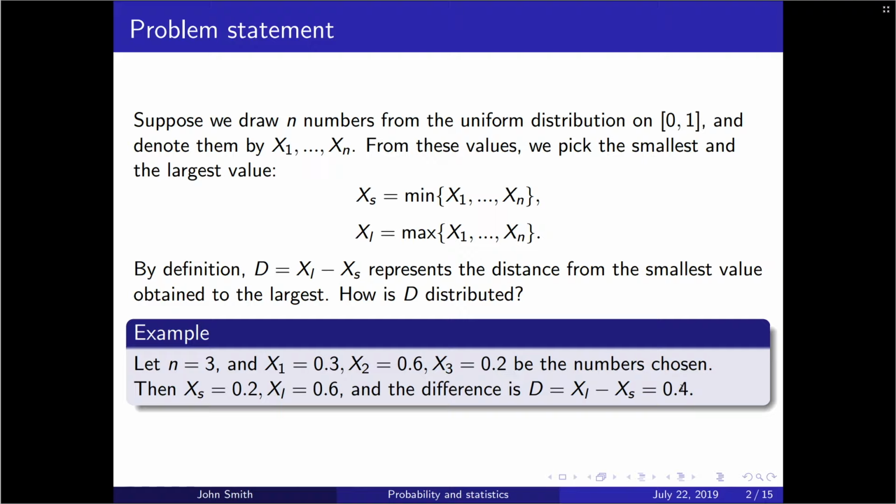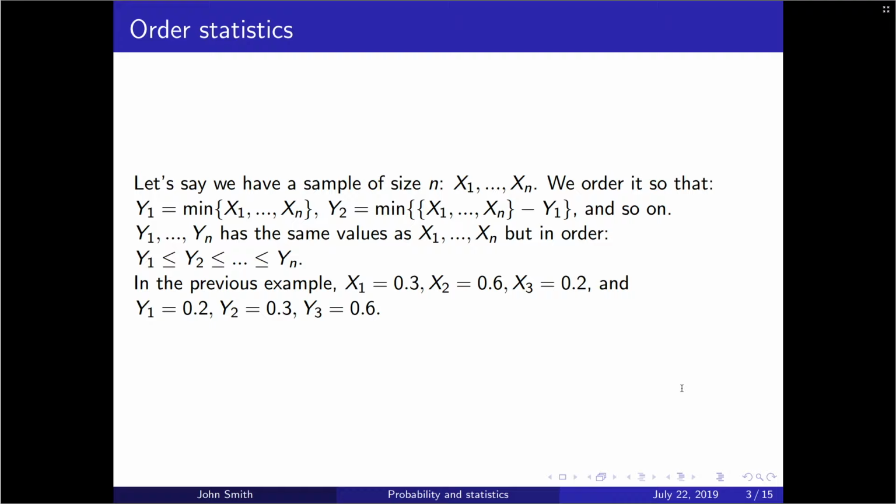From the outset, we can see that ordering is going to be an important part of the problem, so let's start with the concept of order statistics. Let's say that we have a sample of size n same as before. This time, let's reorder the values to form y sub 1 to y sub n.